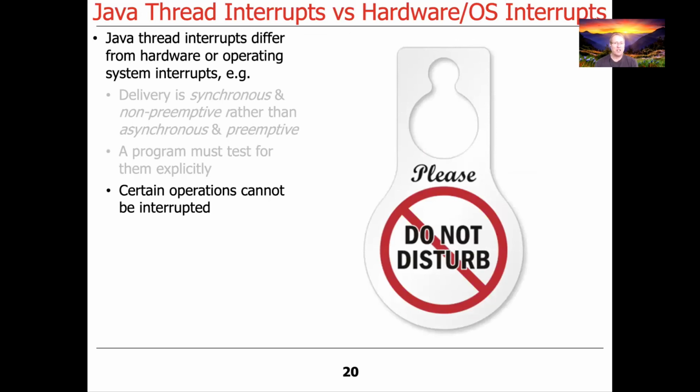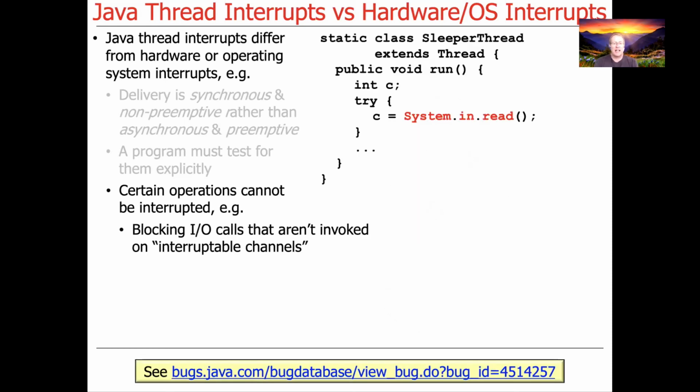Moreover, certain operations just cannot be interrupted in Java, which is a blessing and a curse. For example, blocking I/O calls that aren't invoked on so-called interruptible channels. For example, in this code here, where you block waiting for input to come in from the console, you can't interrupt it. It's really frustrating. It's a bug that's been in Java for who knows how long, but they've never fixed it.